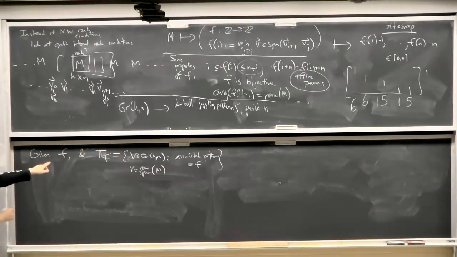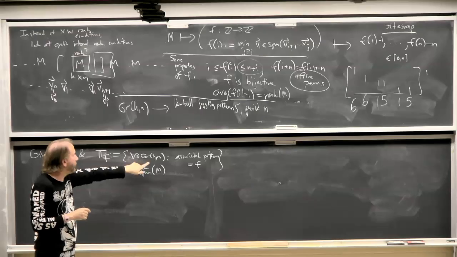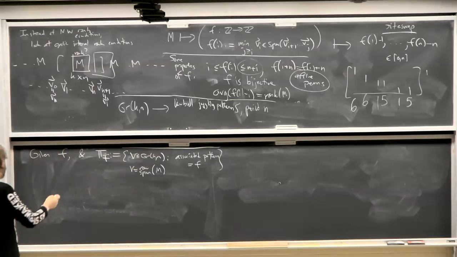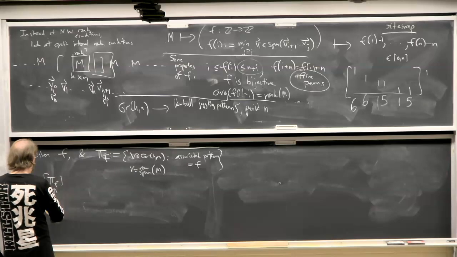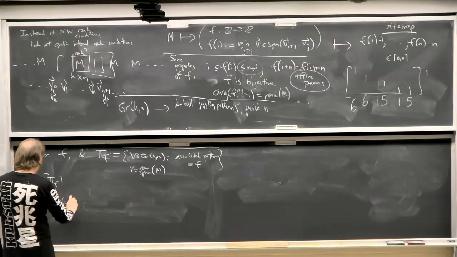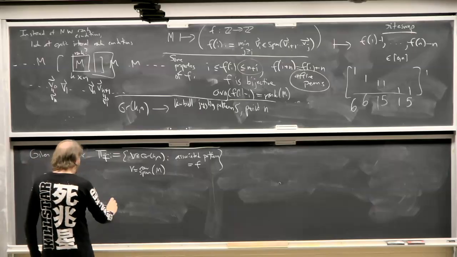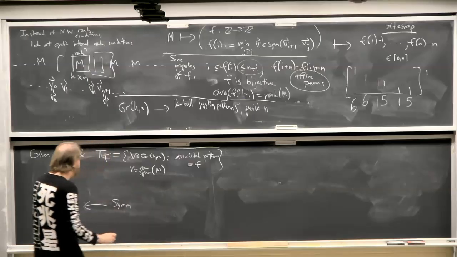All right, so question. I got this f, it's this affine permutation or juggling pattern. I've got these pi f, which is some subset of the Grassmannian. And like Schubert varieties, I want to take this closure here. And I've got now pi f is some element in the cohomology of the Grassmannian. And there's a map to there from the ring of symmetric functions.